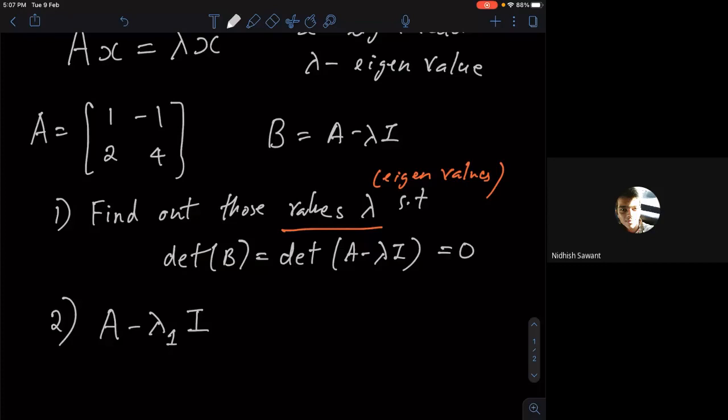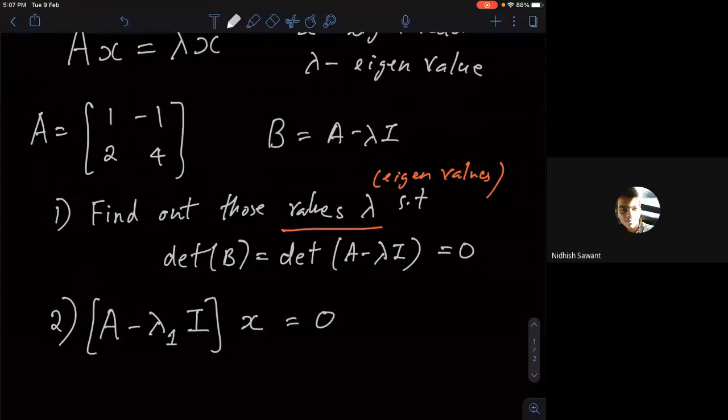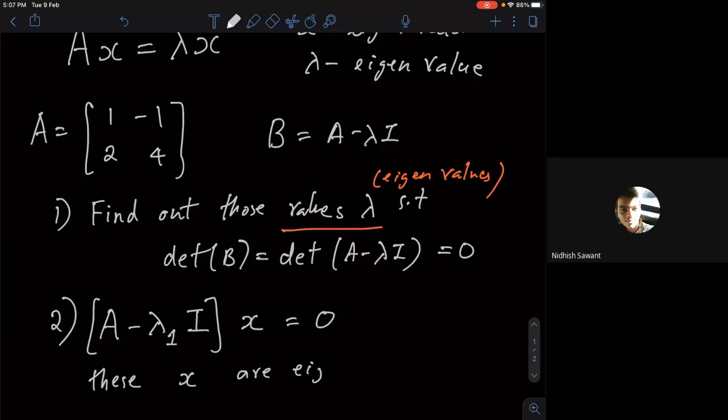Then I'm going to find that particular vector x which gives me 0. So these x are eigenvectors.